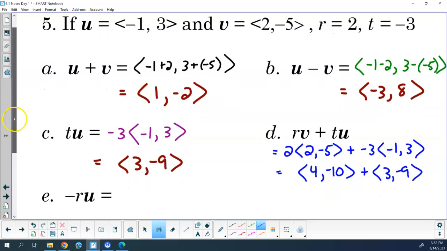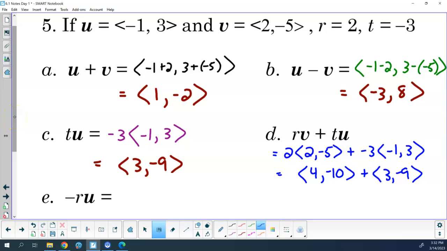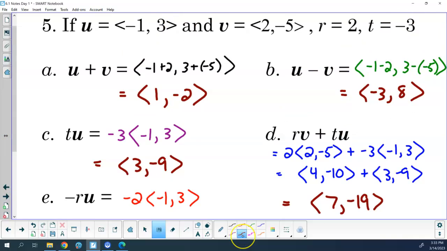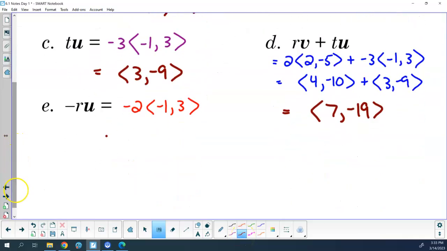So that would be the vector 7, -19. -r times u, -r would be -2, vector u would be -1 and 3. So this would be 2, -6.